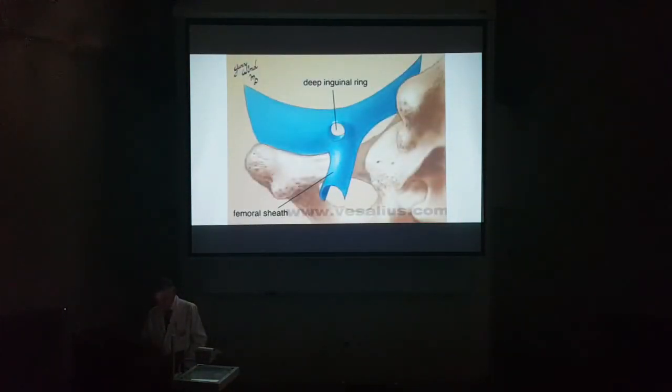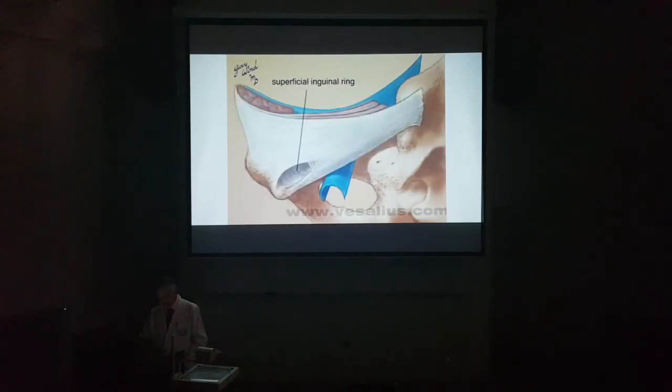This is a diagram showing you fascia transversalis with a deep inguinal ring. Now, if you want to build the canal, you have to put the roof, two muscles, transversus abdominis and internal oblique, and what?